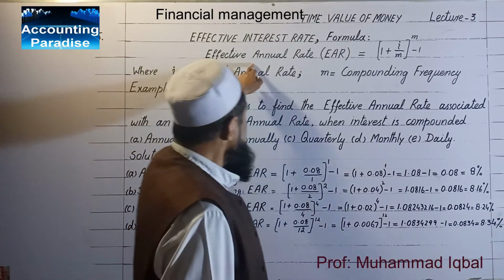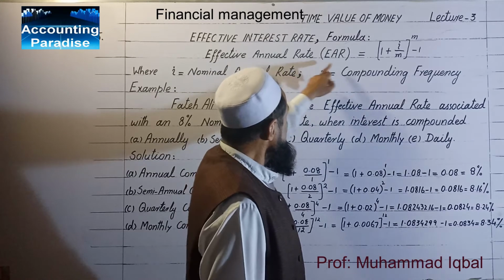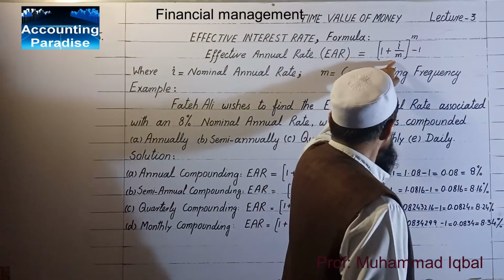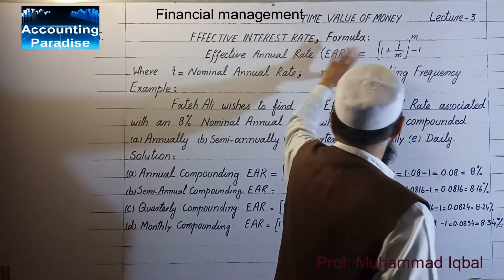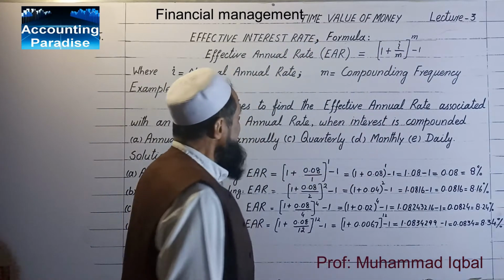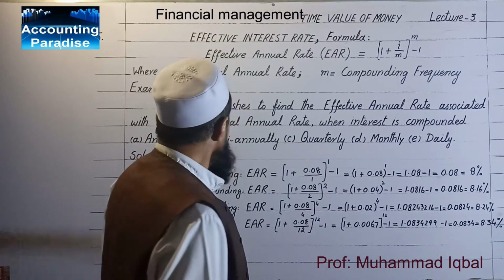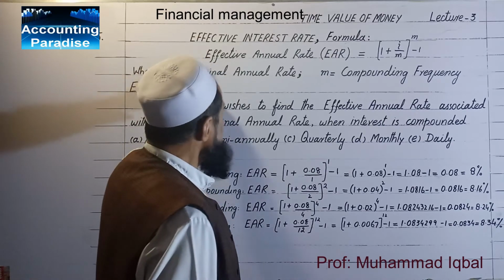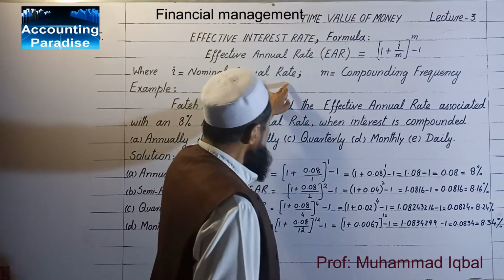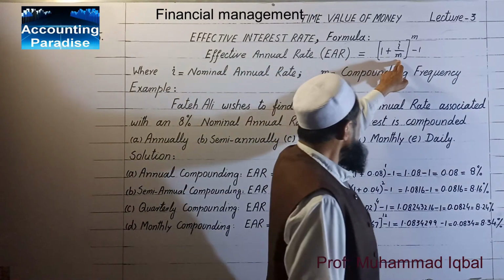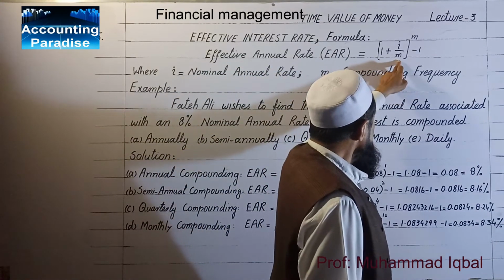Effective annual rate is equal to (1 plus I over m) raised to the power m, minus 1. This is the formula of effective annual rate, where I is equal to nominal annual rate, m is equal to compounding frequency.